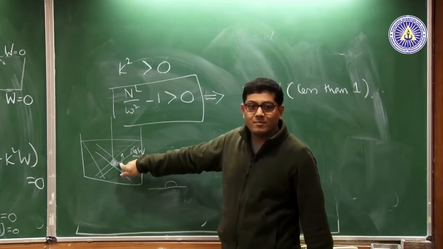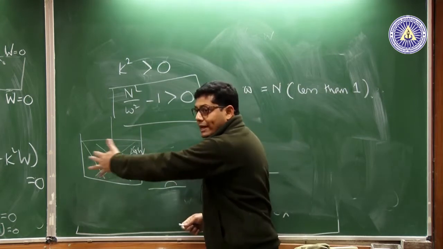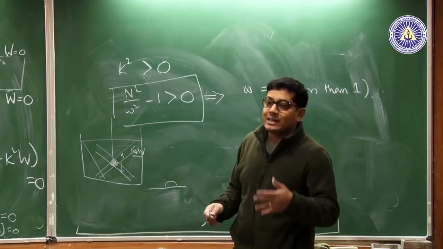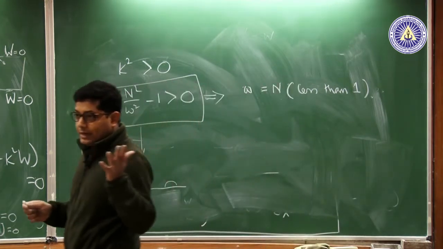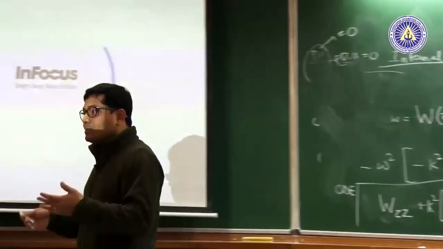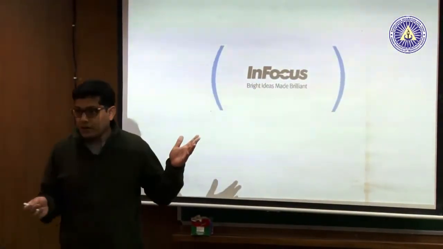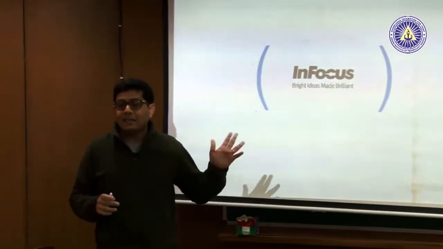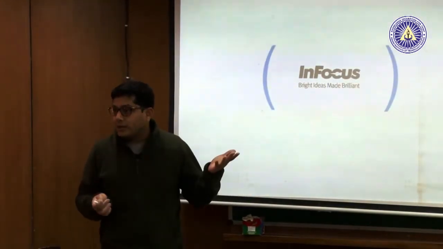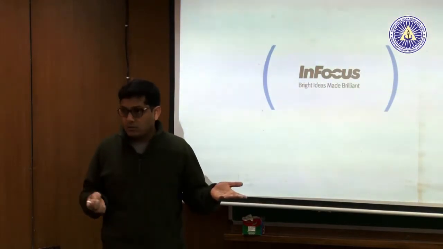The tidal frequency is about 10 to the power minus 4 per second. N in the oceans goes from 10 to the power minus 1 to 10 to the power minus 3, depending. But usually omega is less than N, and that is why you get internal gravity waves. In the regions where N is less than omega, you won't.